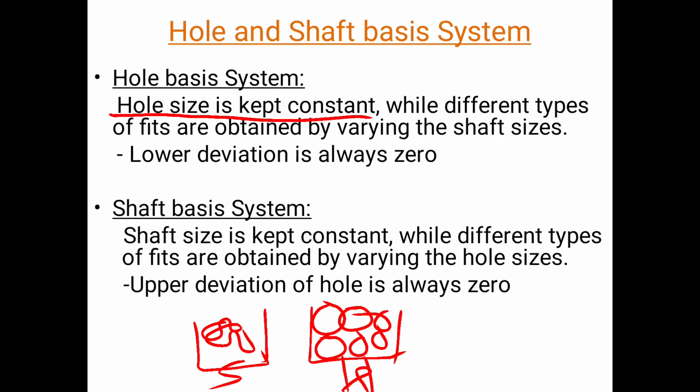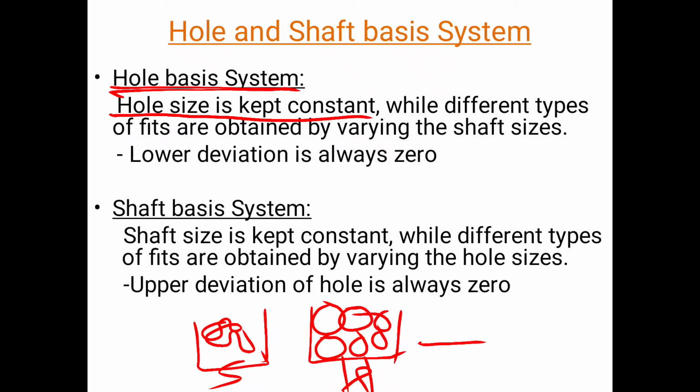Then according to the fit, we will work on the other component and try to get a fit by changing the dimensions of the other component. So in the hole basis system, the hole size is kept constant.